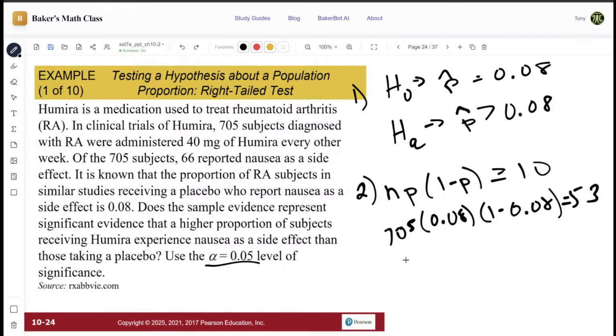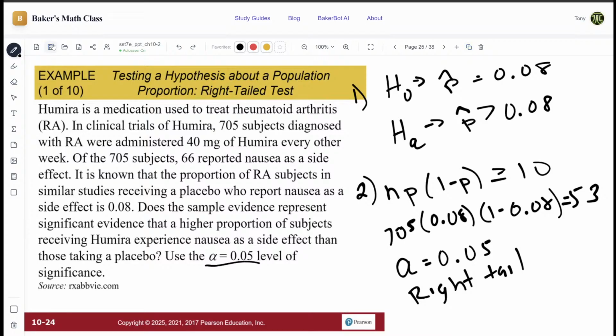Right-tailed. So my significance level, I always forget how to make that. That's fine. And it's a right-tailed test. Okay. Copy? Yes, good. All right.